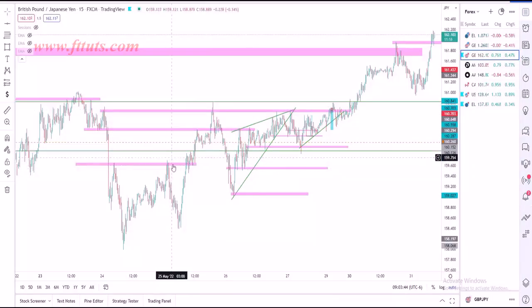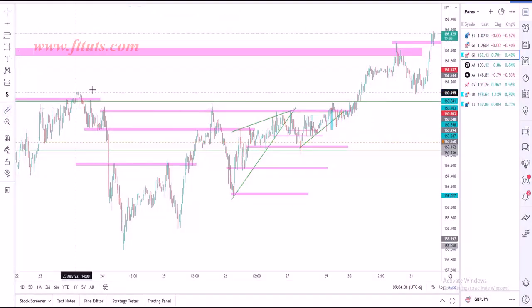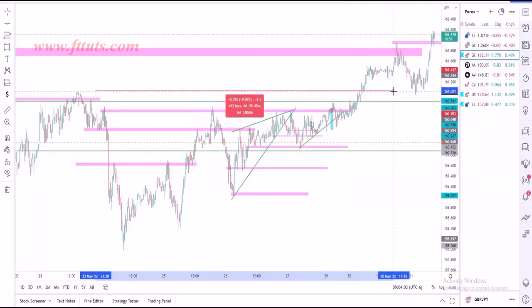So 1, 2, 3, 4, 5, 6, 7, 8, 9. Okay, there's probably about 10 potential trading opportunities just on this chart from here to here, and we're looking at 6 days. Okay, 6 days, one pair, about 10 trading opportunities.